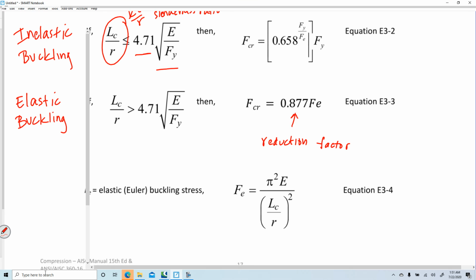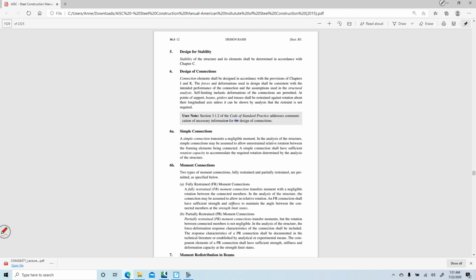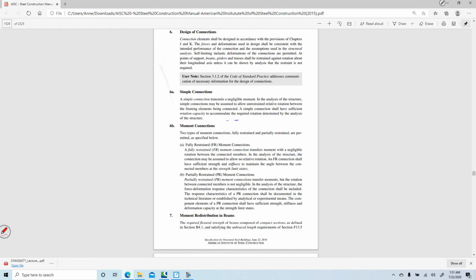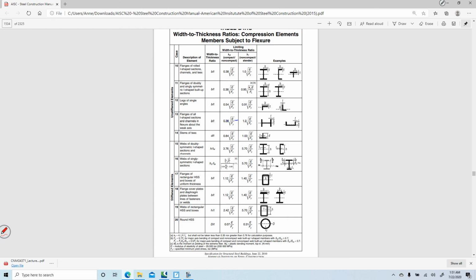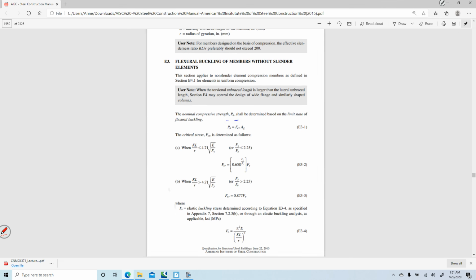If you want to, in your manual, I have done this in mine, go to section E3, right?